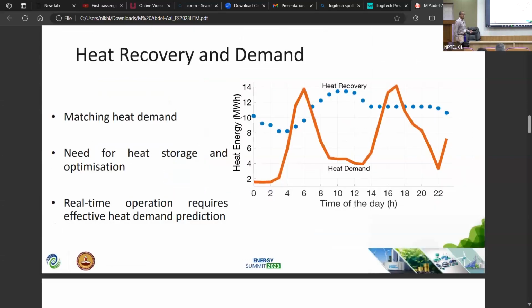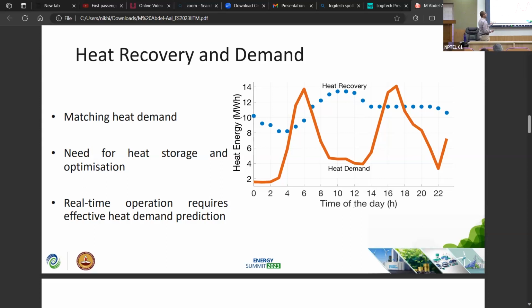But what we have realized is you have simulated heat recovery, and this is heat demand. This is measured heat demand in the UK for, I think, 100 houses. So you have two different peaks. You have a gap of 2 or 3 hours between the peak of heat demand and heat recovery, and ideally you want to use the heat recovered during high demand.